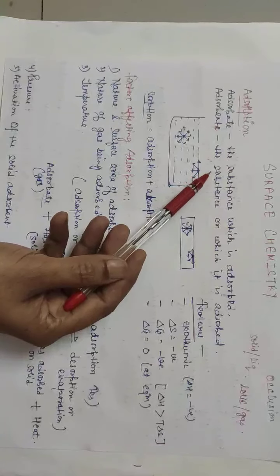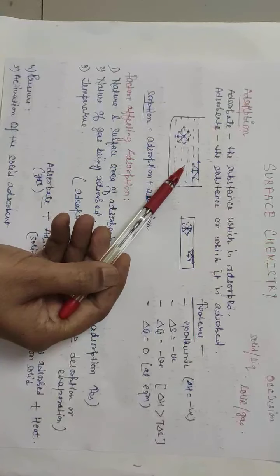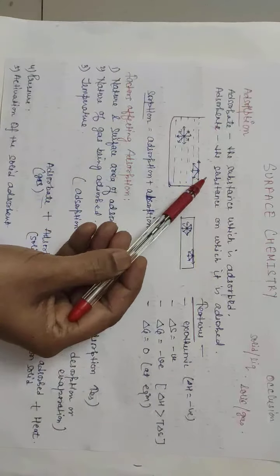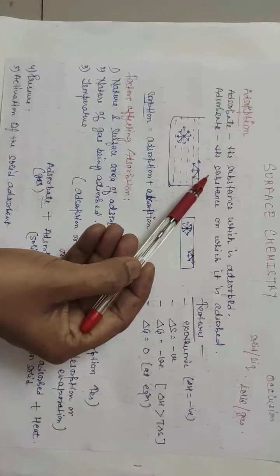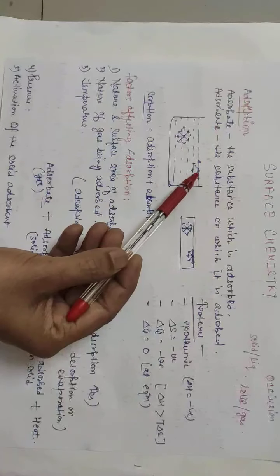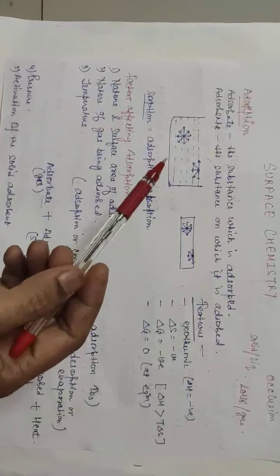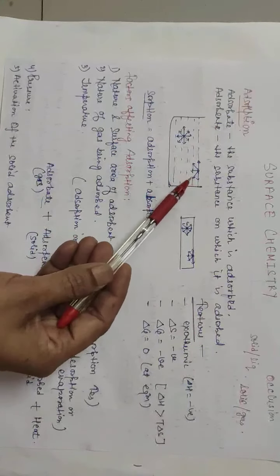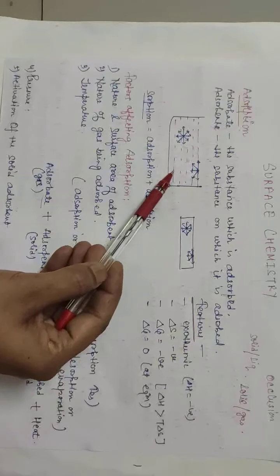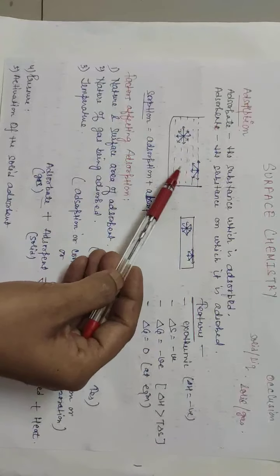So there is a net unbalanced force. These molecules lying at the surface experience some inward net force of attraction that results in surface tension. This is the cause of surface tension.